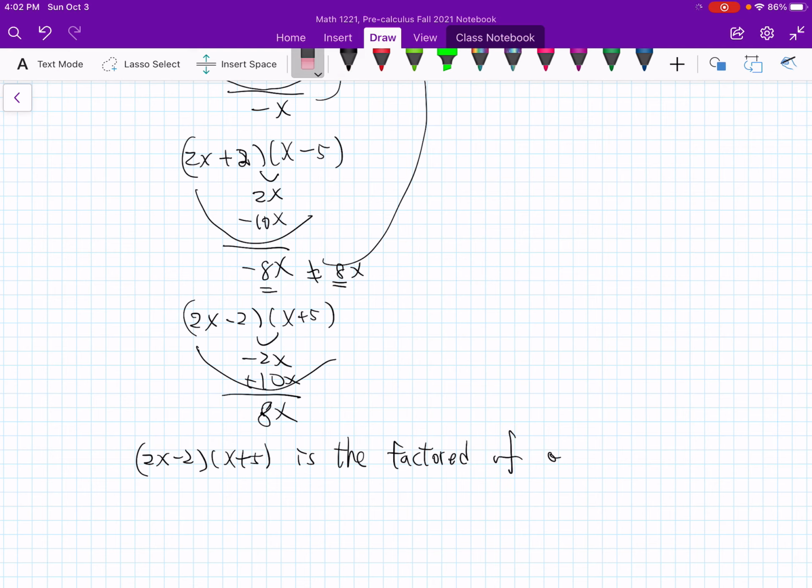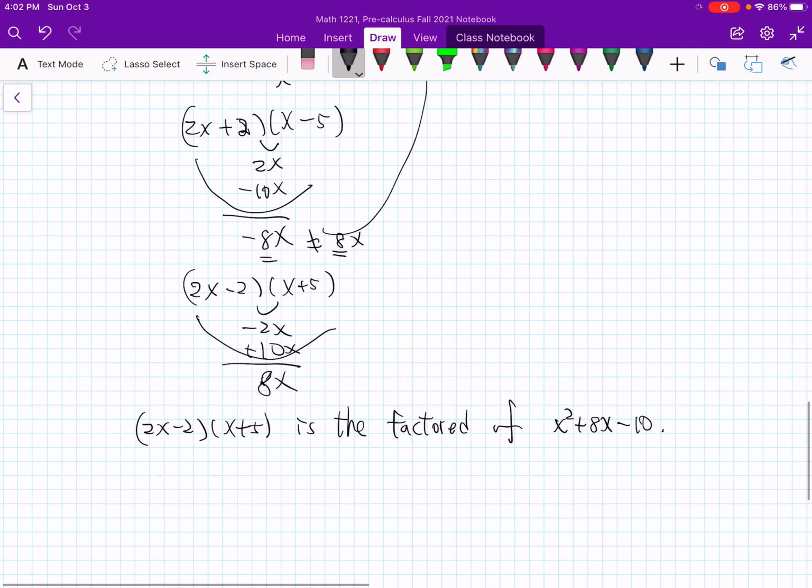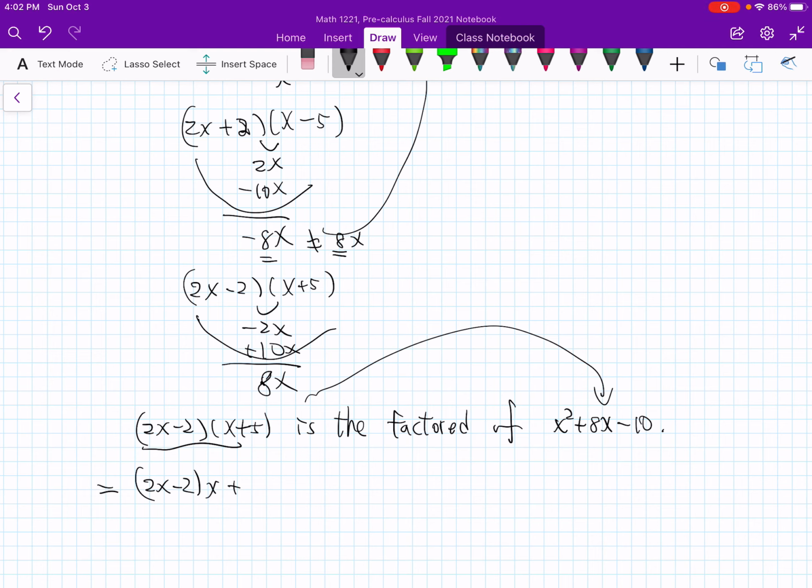of 2x squared plus 8x minus 10. Now let's multiply this out. If you multiply this product out, it should be equal to the right-hand side. So 2x minus 2 times x, plus 2x minus 2 times 5.